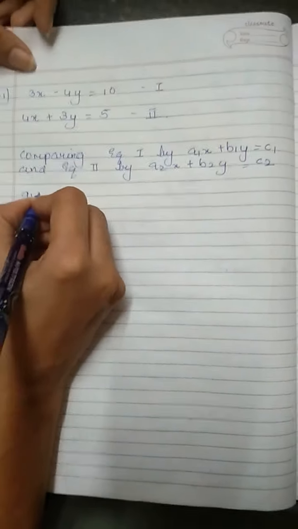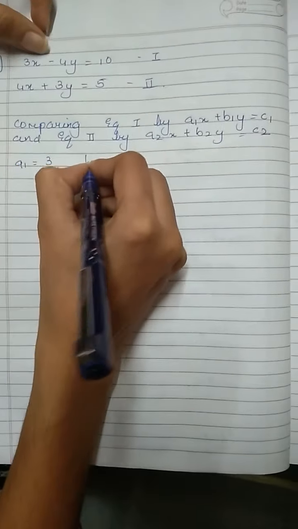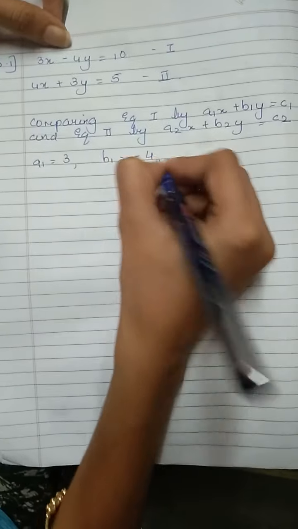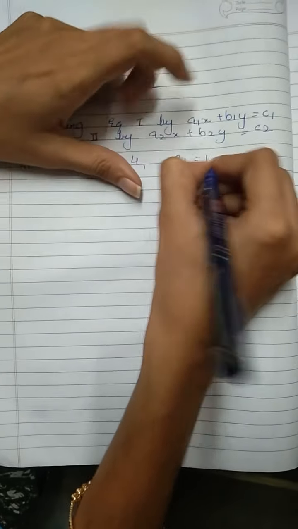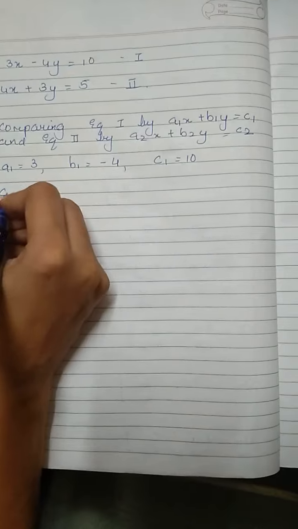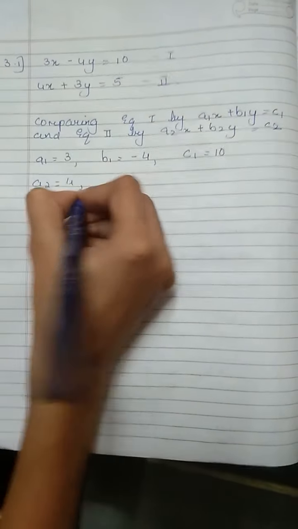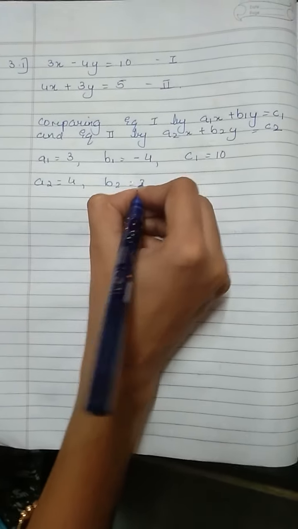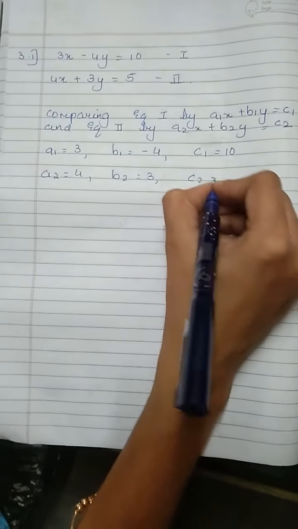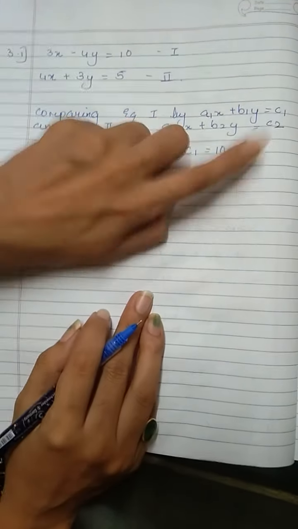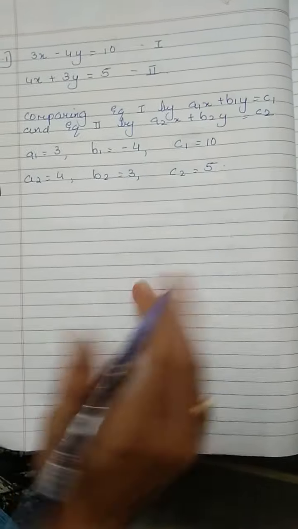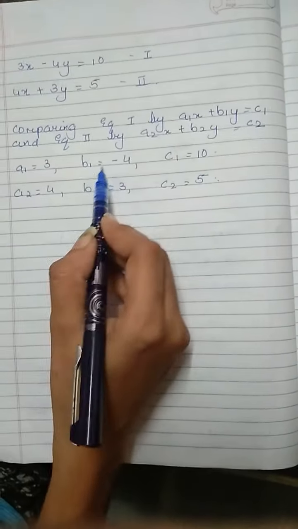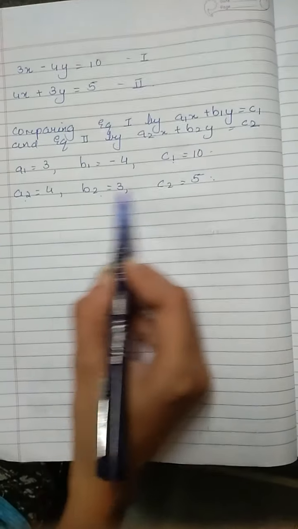Now a1 is equal to 3, b1 is equal to -4, c1 is equal to 10, a2 is equal to 4, b2 is equal to 3, c2 is equal to 5. You have to compare with our first and second equation and you will get the values of a1, b1, c1, a2, b2, c2.